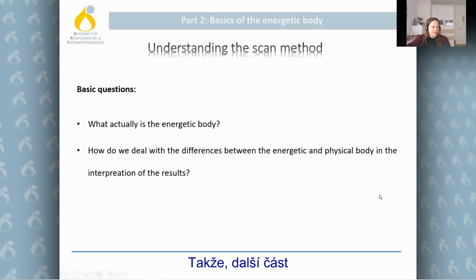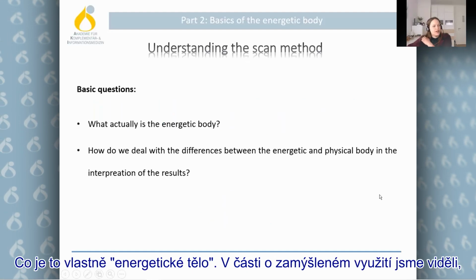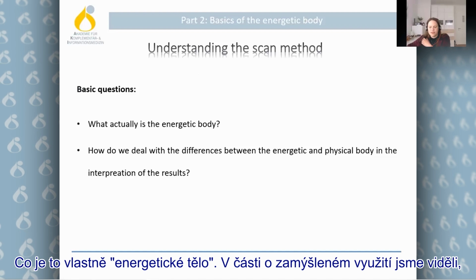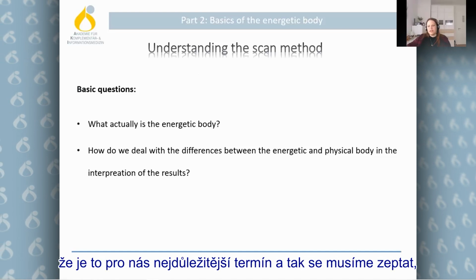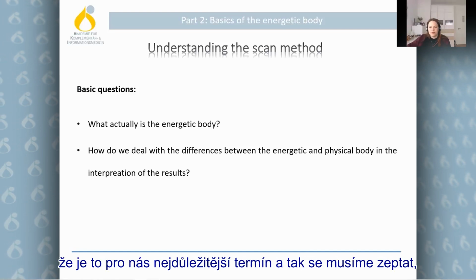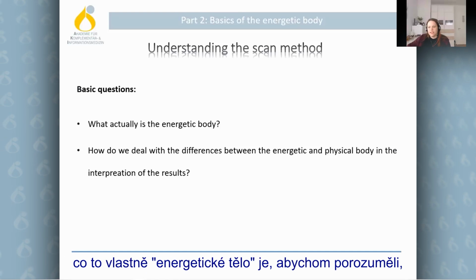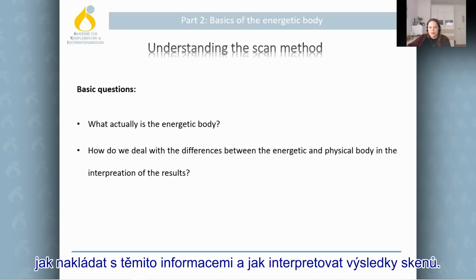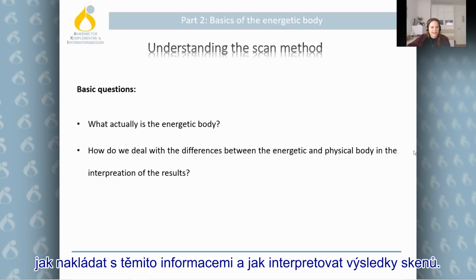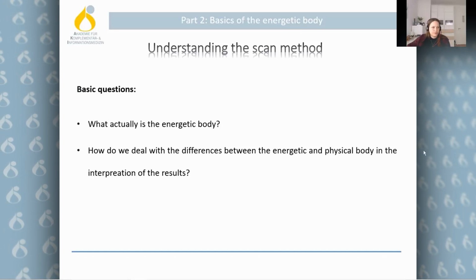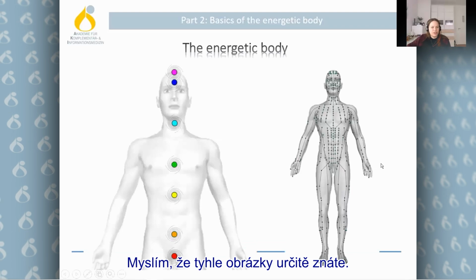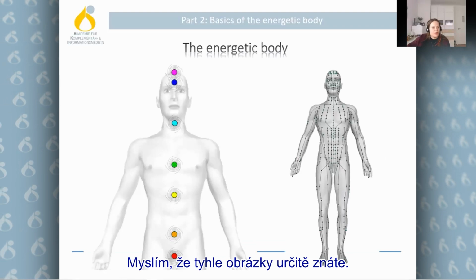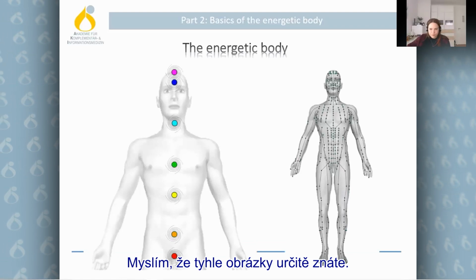So next part. So what actually is the energetic body? So we saw in the intended use that the energetic body is the most important thing here. So we need to understand what the energetic body is, so to understand how we deal with this information and the scan interpretation. I've got two pictures of this. I think you already know this.